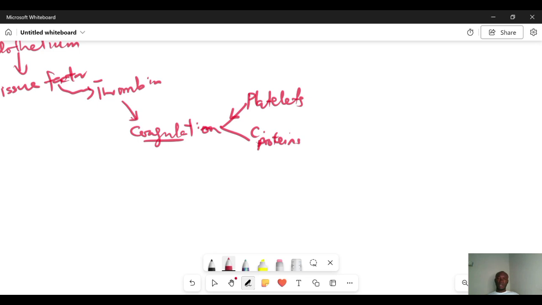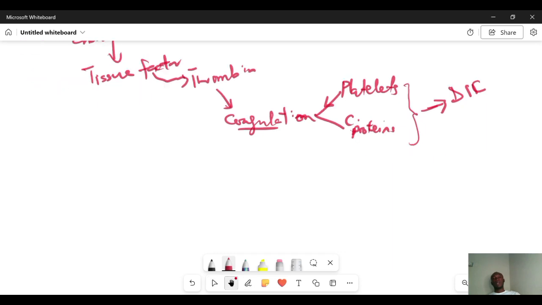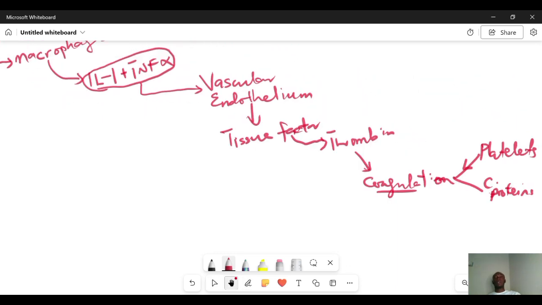When they become exhausted, this can amount to DIC, disseminated intravascular coagulation. DIC is coming up because essentially the widespread coagulation has exhausted platelets and other coagulation proteins.